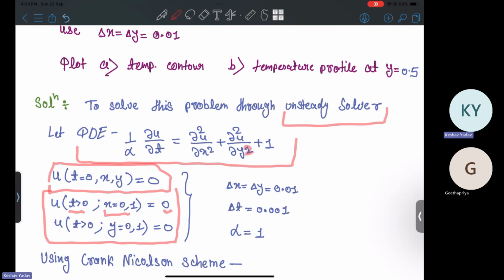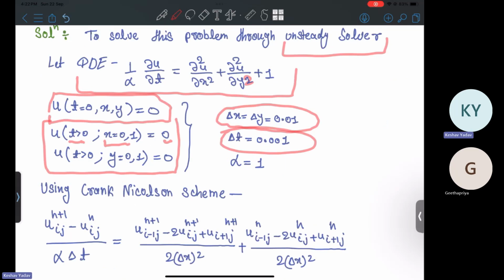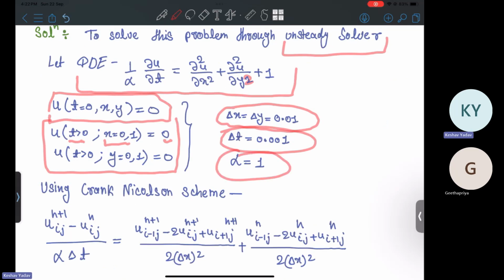Here we are considering delta x and delta y equal to 0.01 and delta t equal to 0.001.